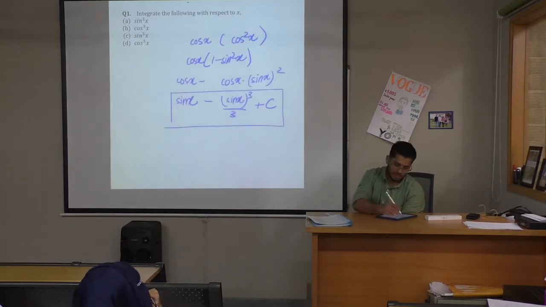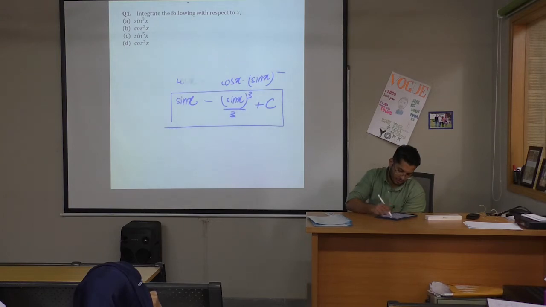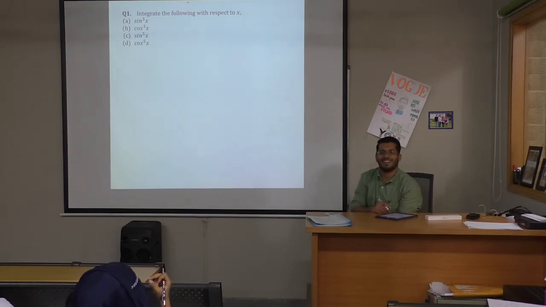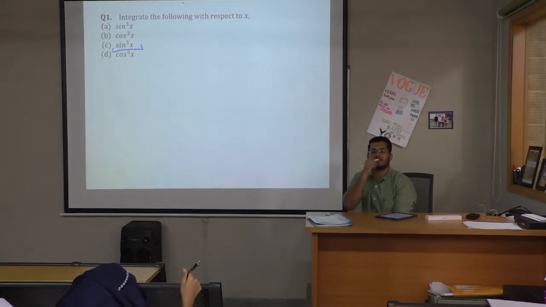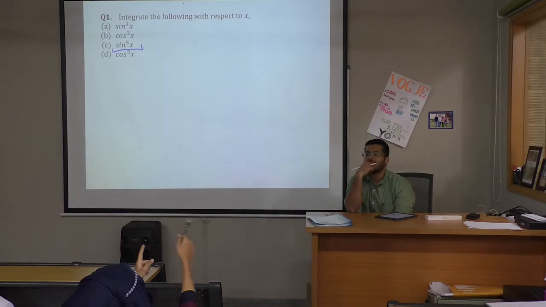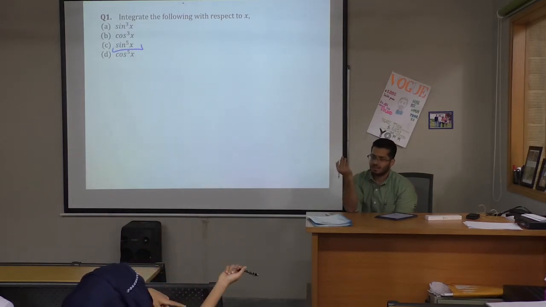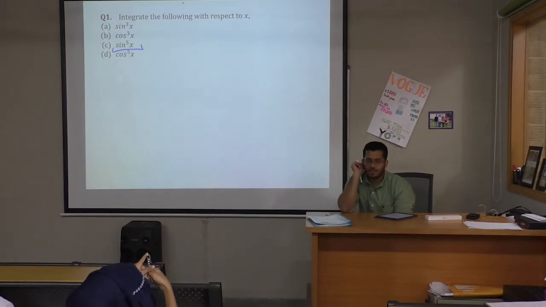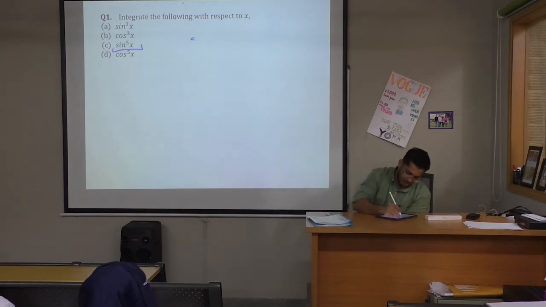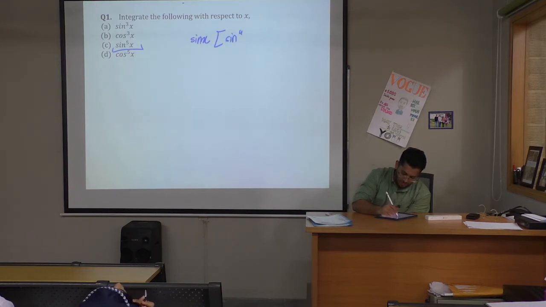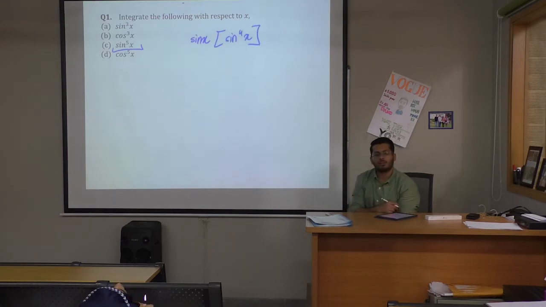Let's try part C. What do we do with this? It's a sine squared and a sine squared. You see, the procedure remains the same. You separate a sin x and you are left with sin 4x.